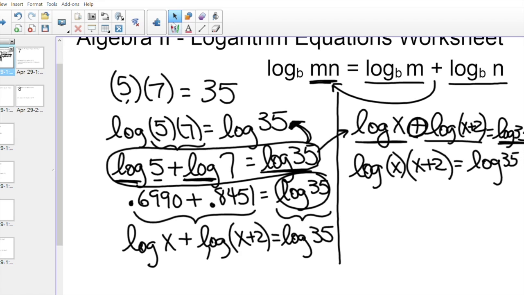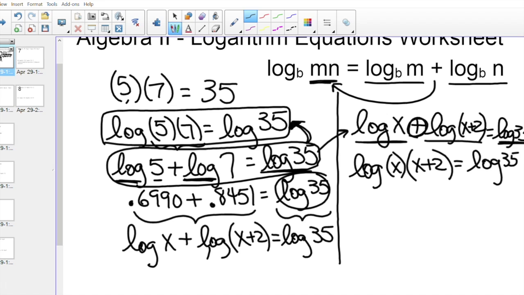Now, if you go back over here where the numbers are, and we're going backwards, we just drop the logs.